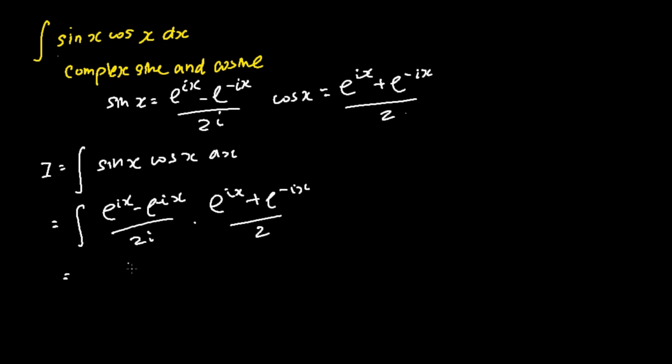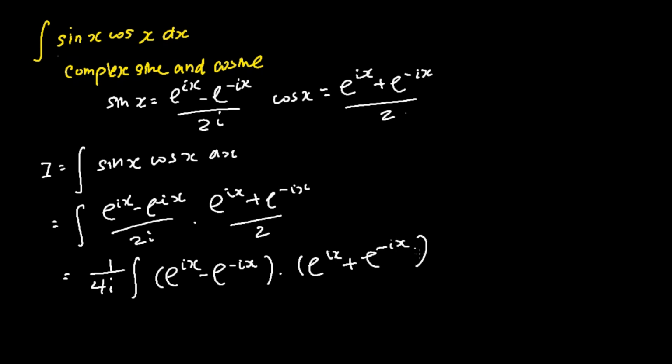I will take out the constant 1 over 4i. I will get the following, which is 1 over 4i, the integration of e to the power of ix, subtracting away e to the power of negative ix, times e to the power of ix plus e to the power of negative ix. This algebraic expression resembles the following, which is a minus b, a plus b.